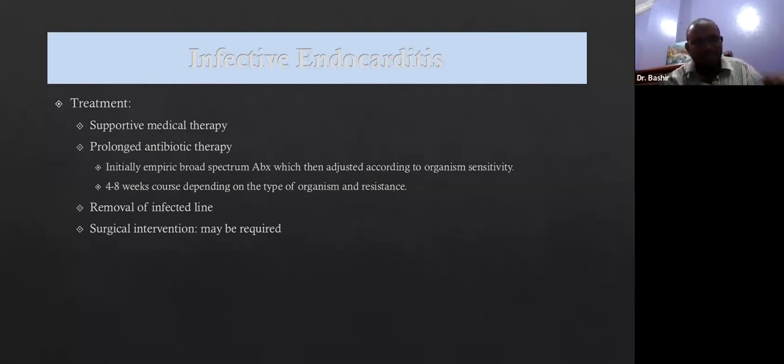After taking the culture, start broad-spectrum antibiotics, and after that continue according to the organism sensitivity after the culture result. The duration is 4 to 8 weeks, depending on the organism type and resistance. You have to remove the infected line. Sometimes it may need surgical intervention.